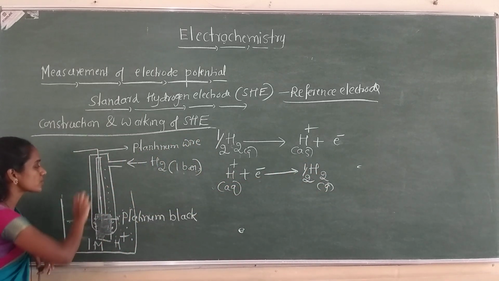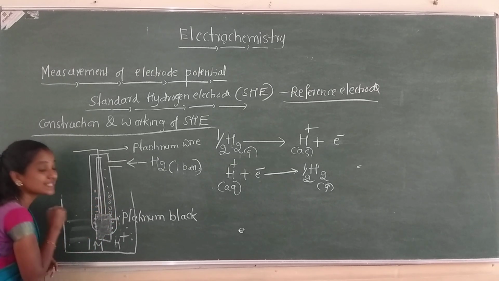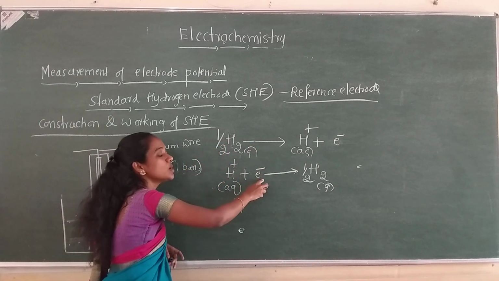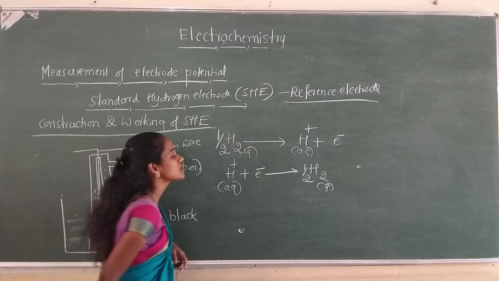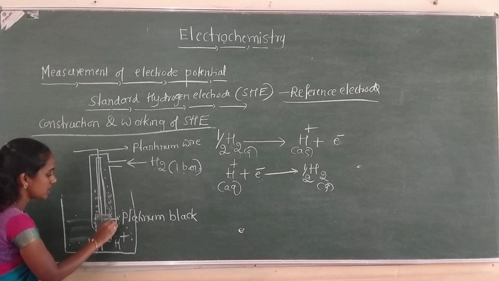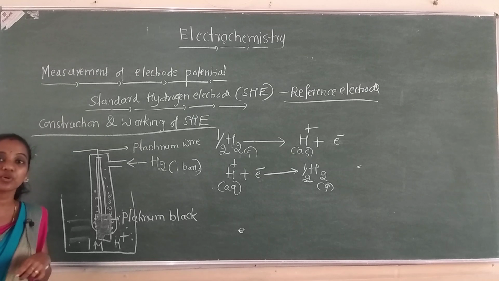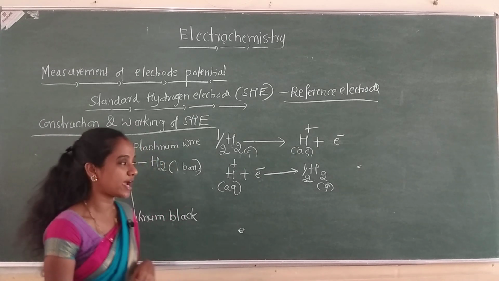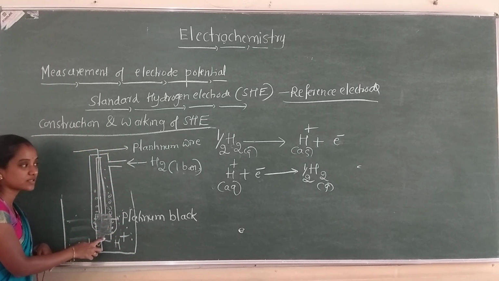Both processes occur simultaneously, so there exists an equilibrium between these 2 half reactions. As a result, electrode potential is developed. What is electrode potential? It is the potential developed between the electrode and the electrolyte because of the equilibrium between these 2 reactions.